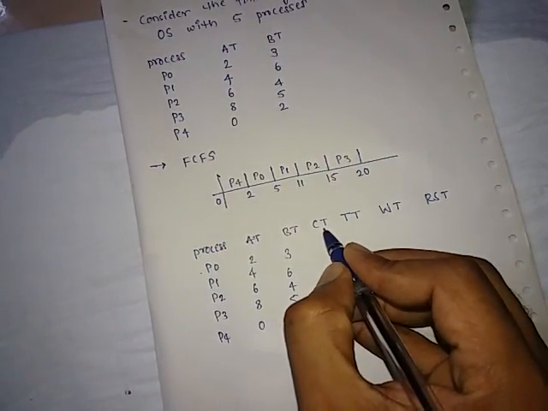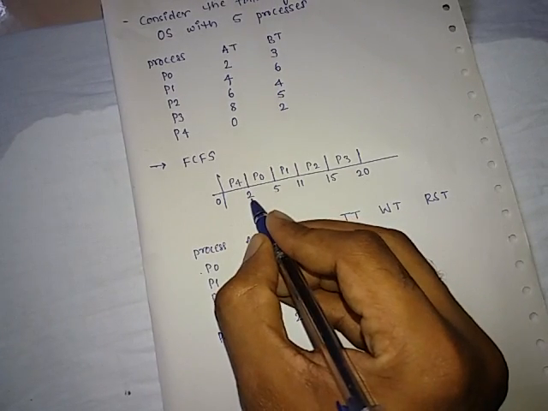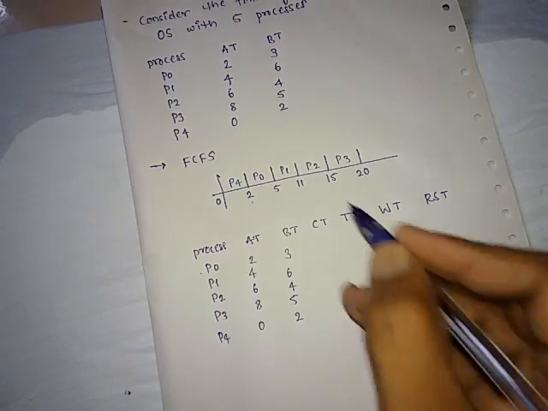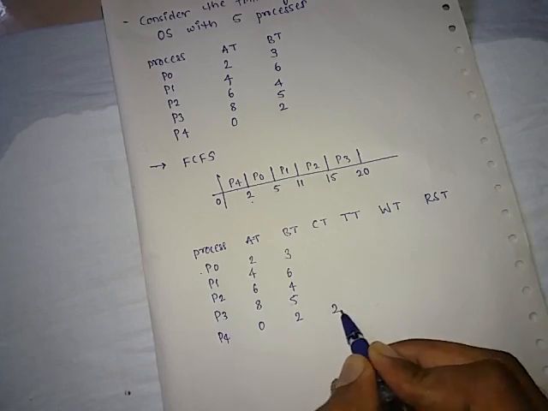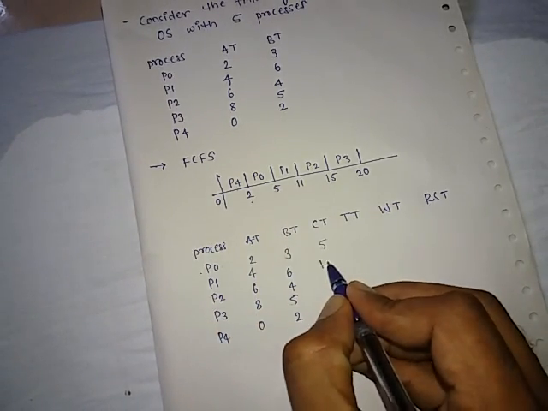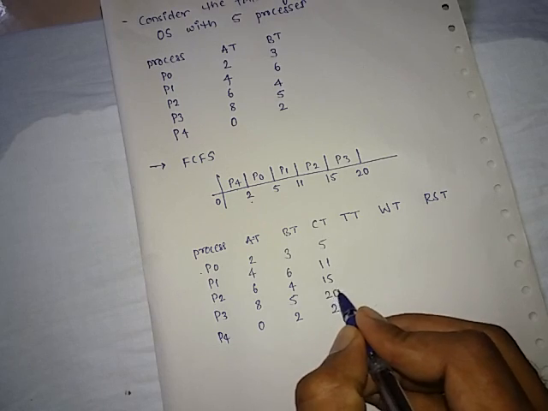Completion time can be calculated from this Gantt chart. Here the P4 process completes at the time interval of 2, so the completion time for the P4 process is 2. For P0 it's 5, for P1 it's 11, for P2 it's 15, and for P3 it's 20.